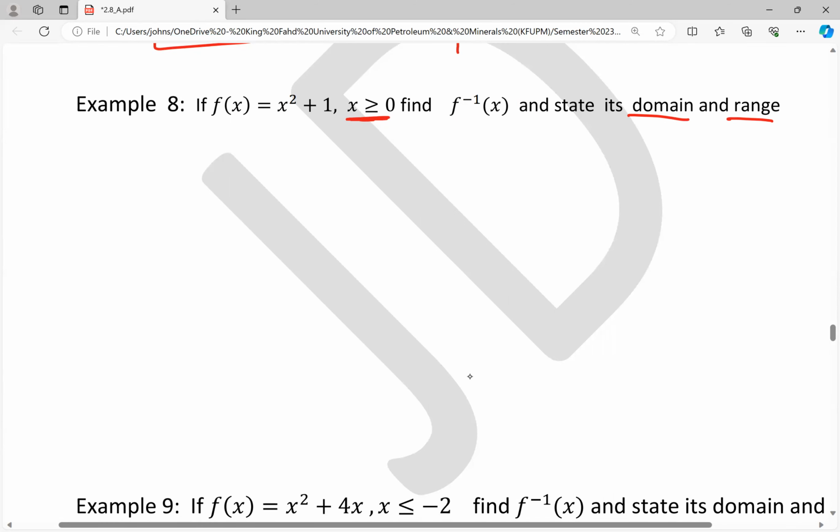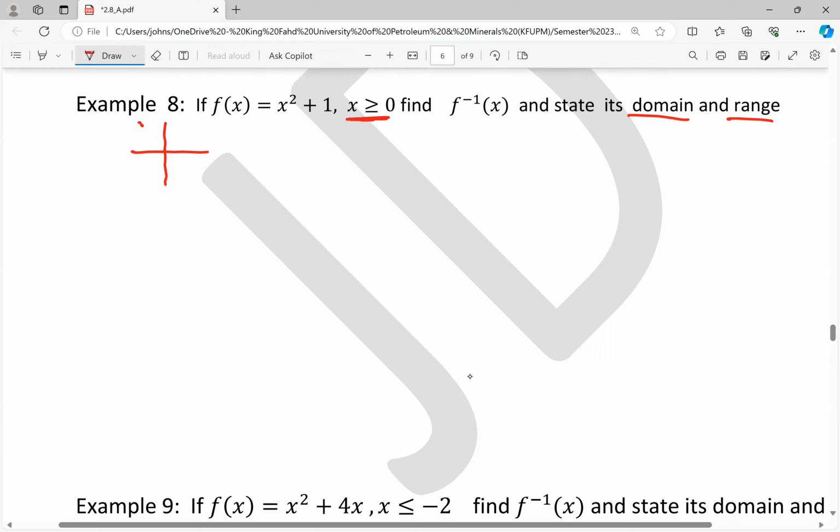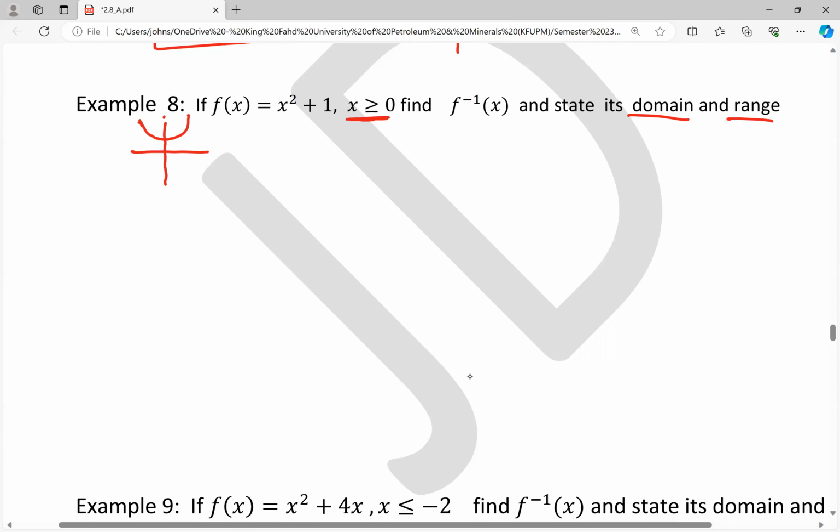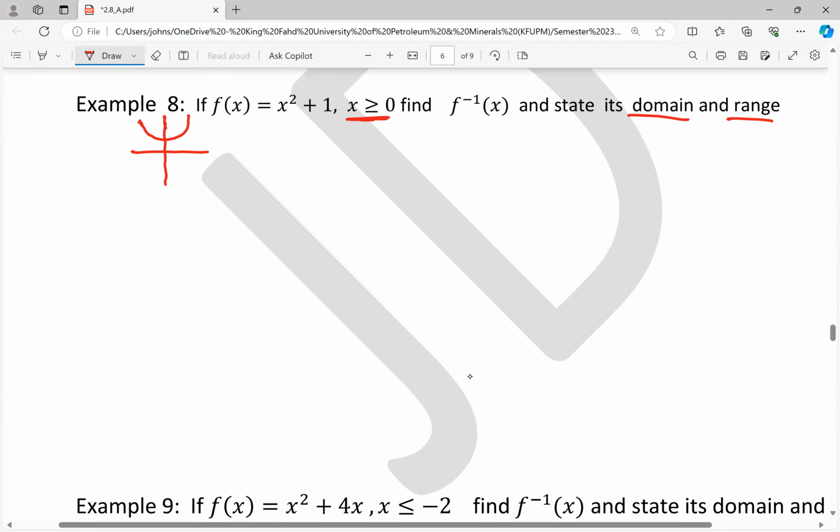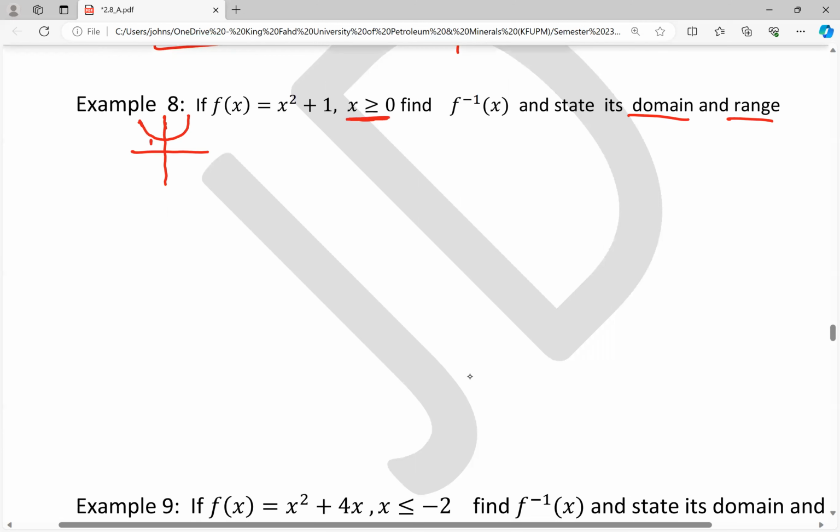So let's study our function first. This function is easy to plot. This is x squared plus 1, so this is just open up, right? This is x squared, and you shift it up.